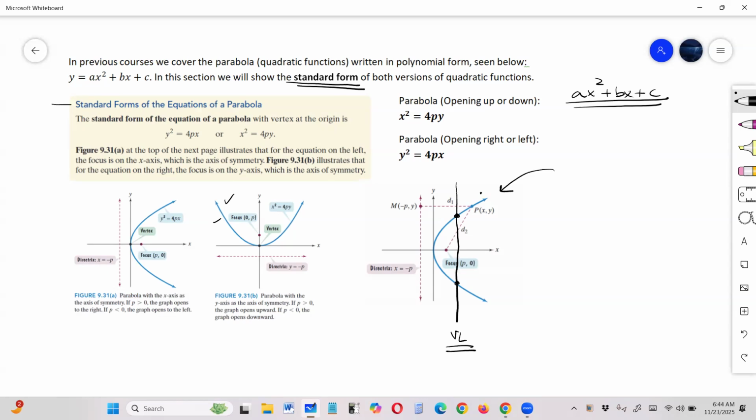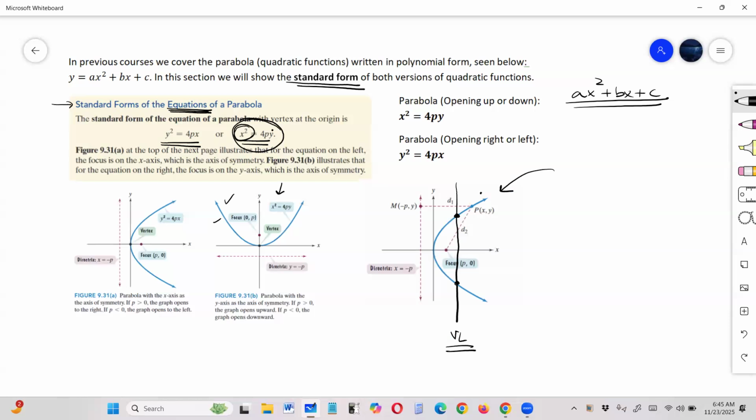So the standard form of the equations of the parabola, not a function, are given by either this or that. Okay. The one that you see on the right is the one that will open up or down. So if I have an equation that is y equals x squared, this is the parabola that opens up or down. So it's right here below.